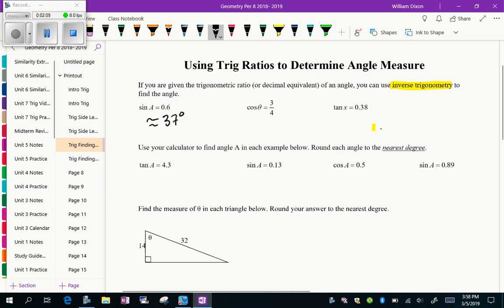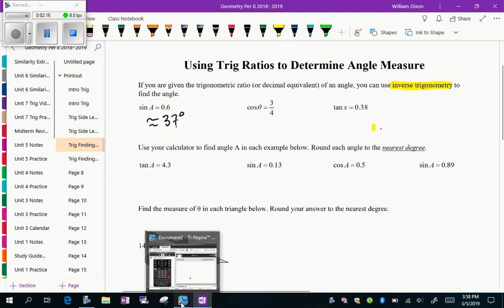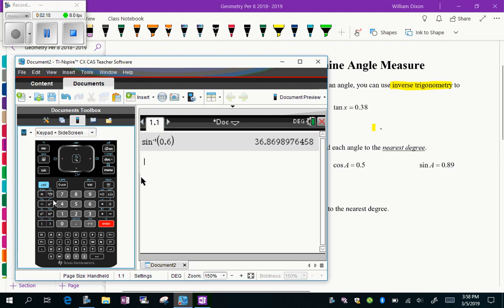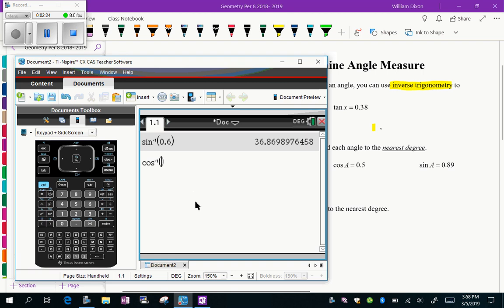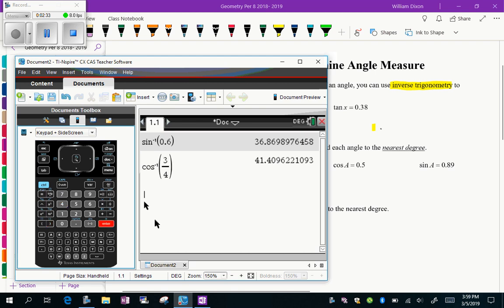Let's try the next one. The next one says cosine theta equals 3/4. Going back to my calculator, I'm going to go to trig, my inverse cosine. I'm going to put in 3 divided by 4, close the parentheses, enter, and I get an answer of 41.4.